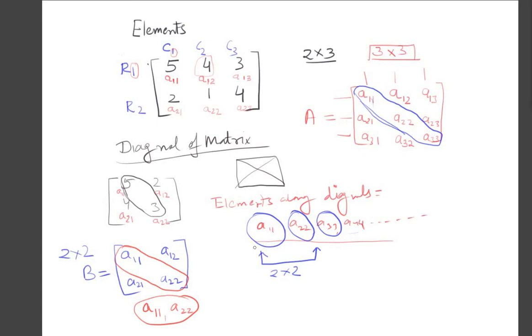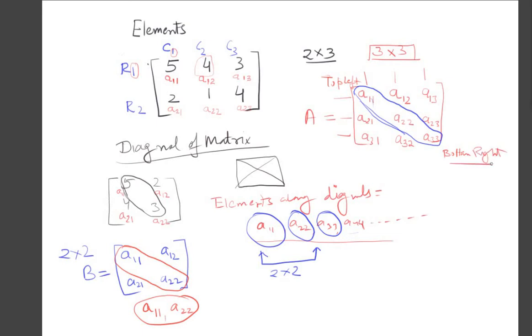So that's the concept of diagonals in a matrix. You've got only one diagonal in a matrix, which goes from top left to bottom right. So this is top left and this is bottom right, correct?